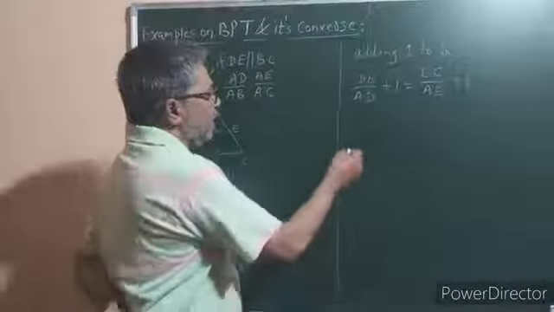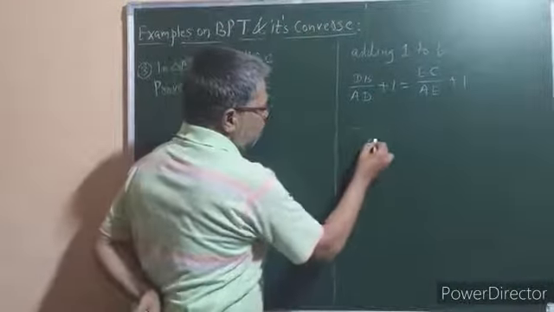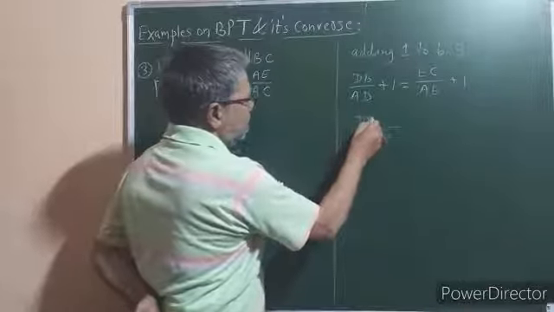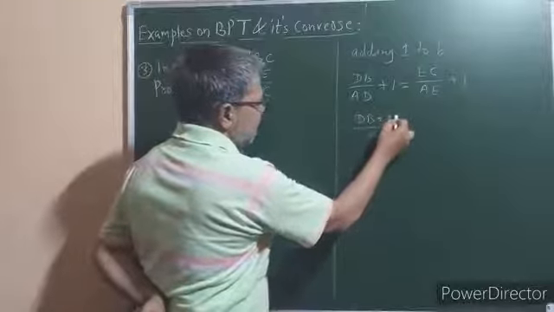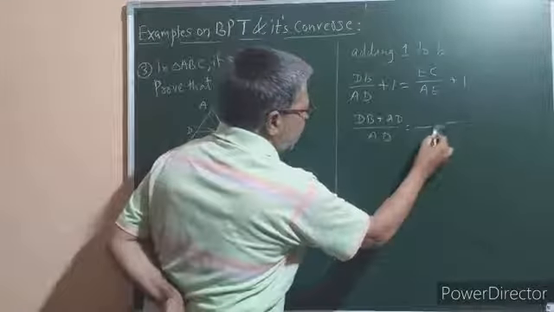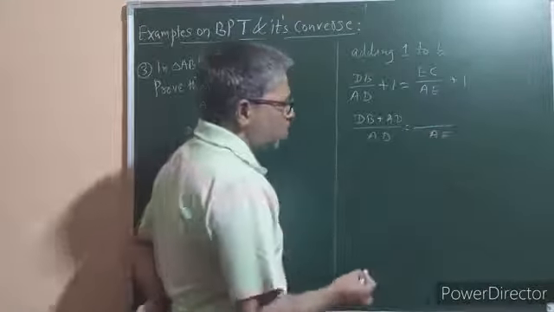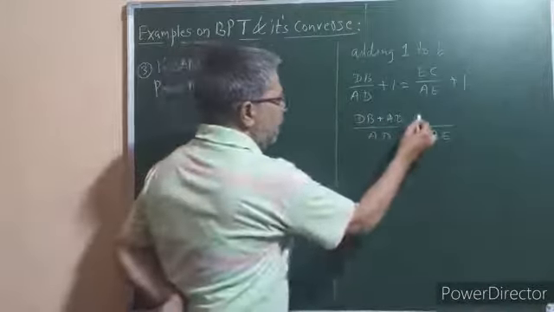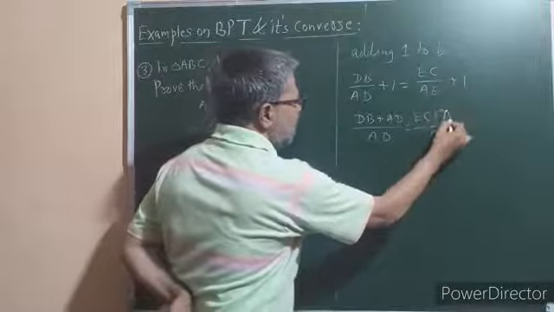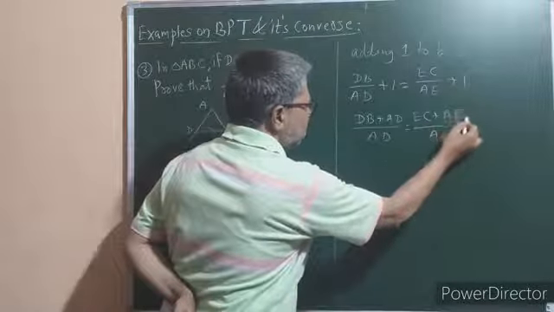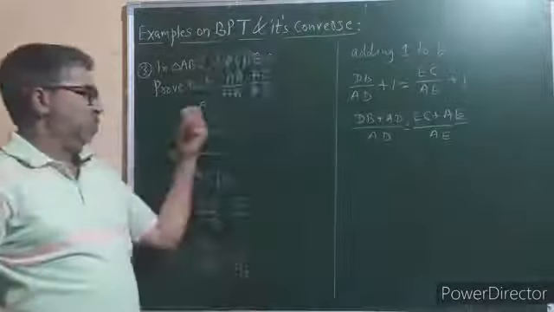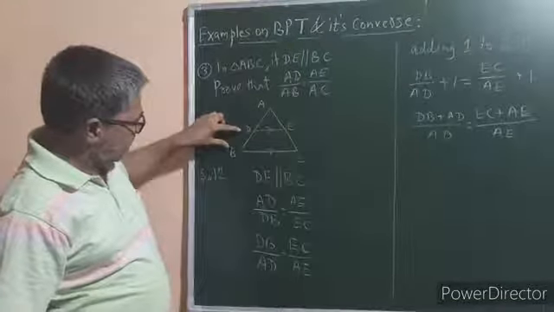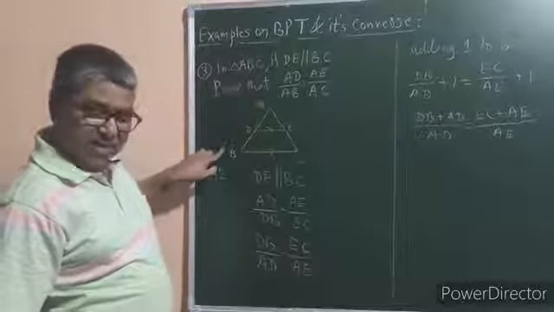Now let us simplify this. The LCM will be AD. Now the numerator will be DB plus AD, and here the denominator will be AE, that is our LCM, then the numerator will be EC plus AE. Now if you look at the figure, DB plus AD is nothing but AB.